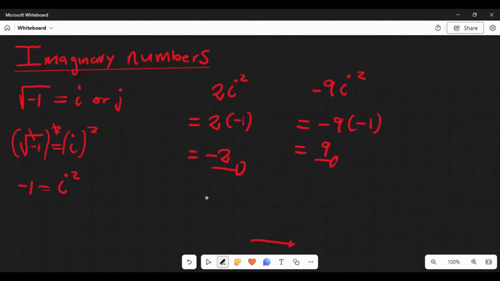And by the way, before we finish this video, imaginary numbers are just one part of complex numbers. In order for us to understand complex numbers, it's better to understand imaginary numbers first, because a complex number is a combination of real numbers plus or minus an imaginary number. But we'll do that later on this channel.